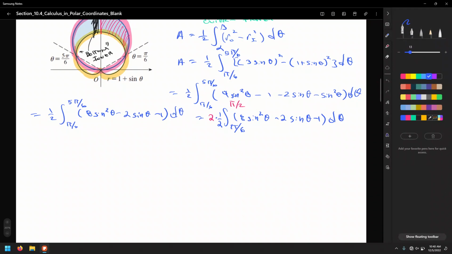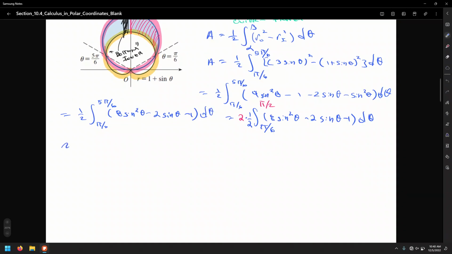So that simplifies to the integral from pi over 6 to 5 pi over 6 of 8 sine squared theta minus 2 sine theta minus 1 d theta.